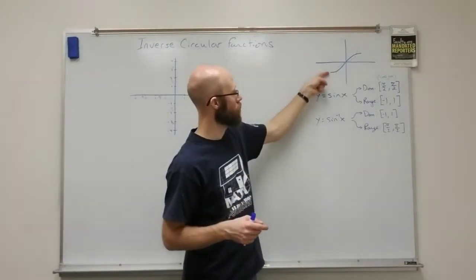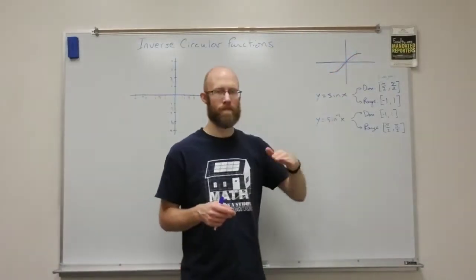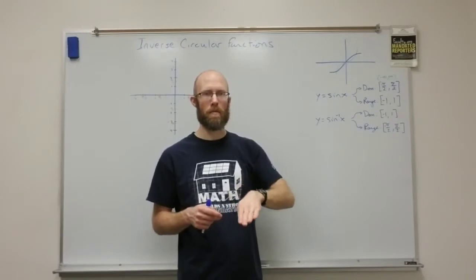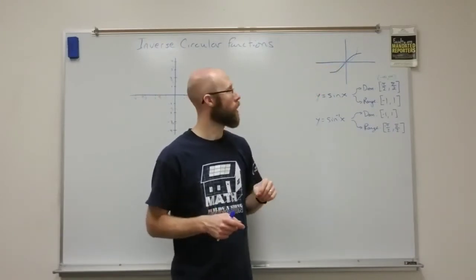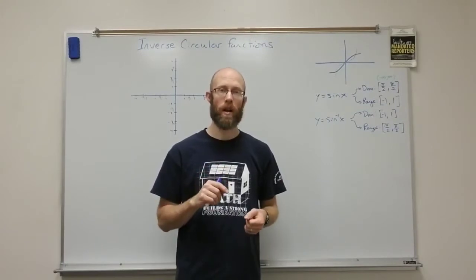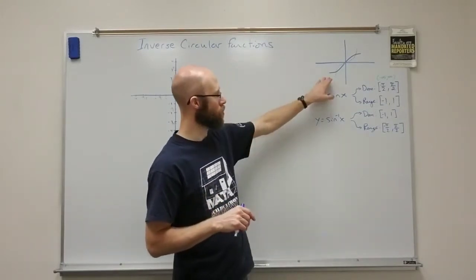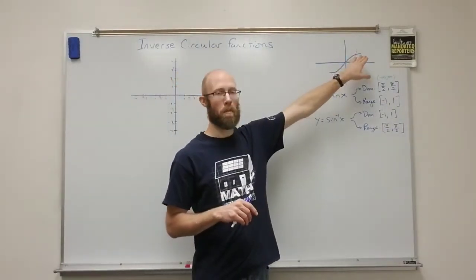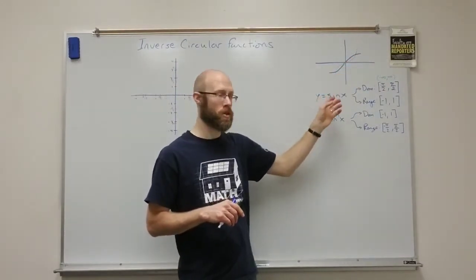And that gave us one, from a minimum to a maximum that incorporated all of the range values from negative 1 to 1. And so then we could use that 1-to-1 portion to create the inverse sine.